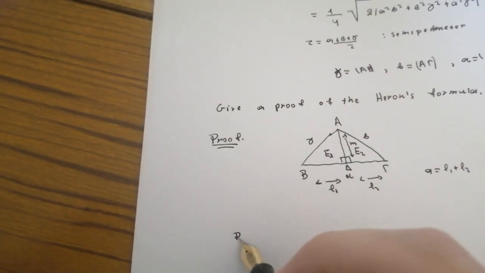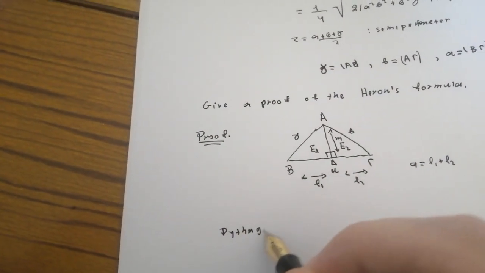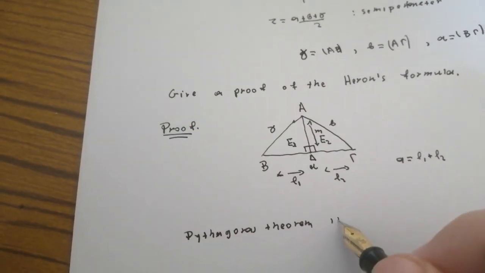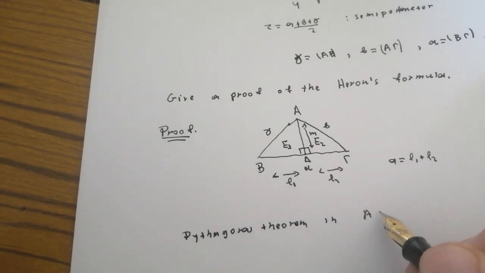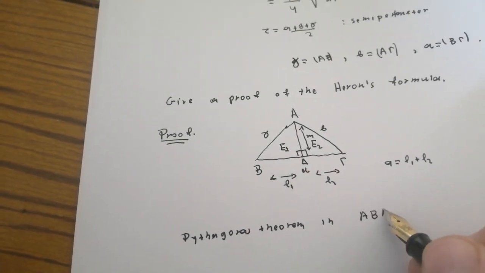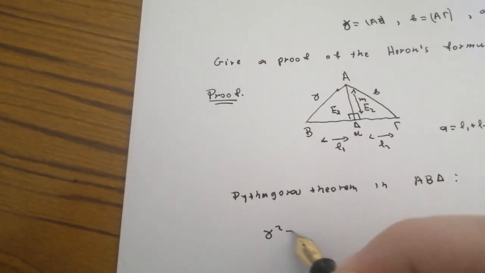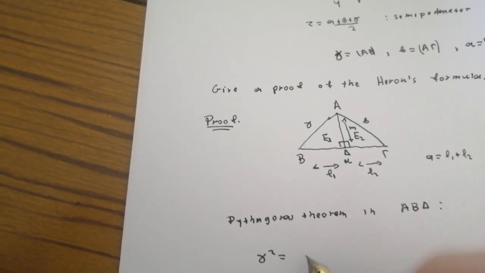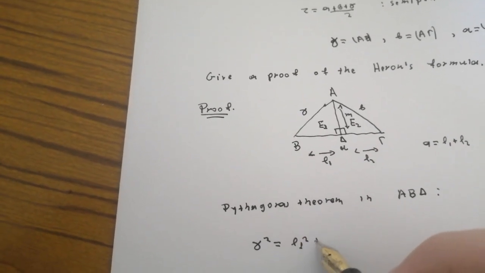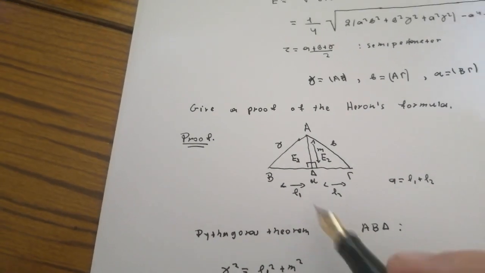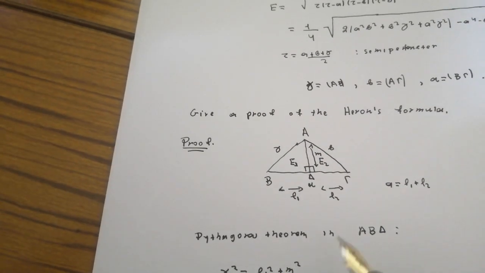So we have the Pythagoras theorem in the triangle A B delta, where the hypotenuse is gamma: gamma squared is equal to the sum of lambda 1 squared plus m squared.